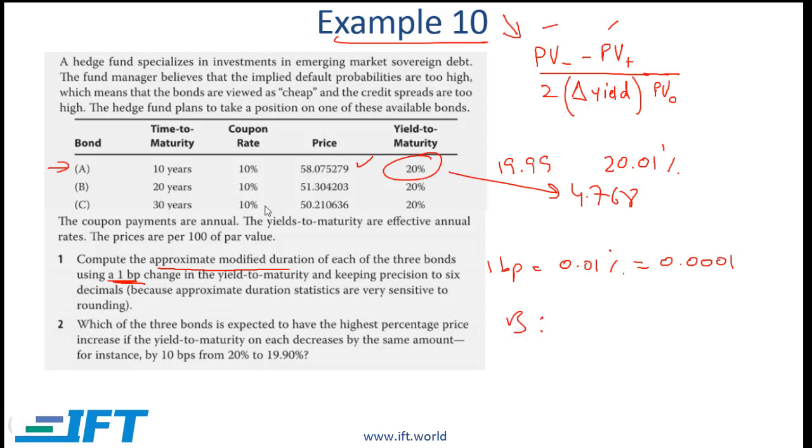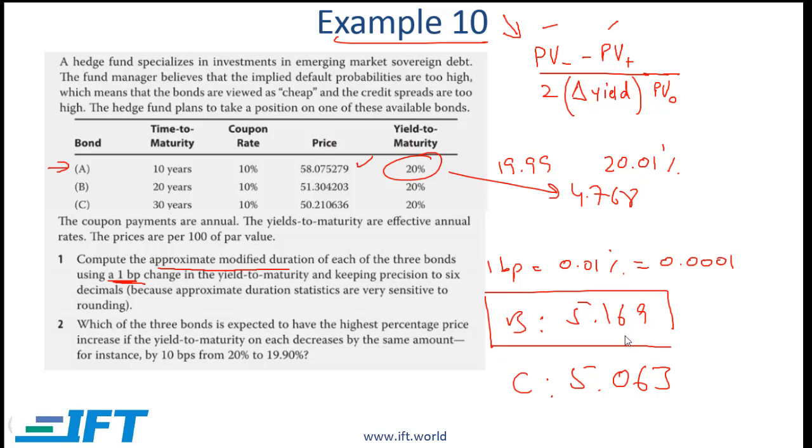For bond B, using the same logic, the approximate modified duration will be 5.169. And for bond C, the answer will be 5.063. The numbers are fairly similar, but note that the greatest interest rate sensitivity is with bond B, even though bond B is a 20-year bond and bond C is a 30-year bond.